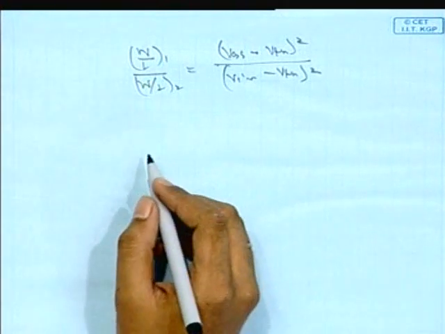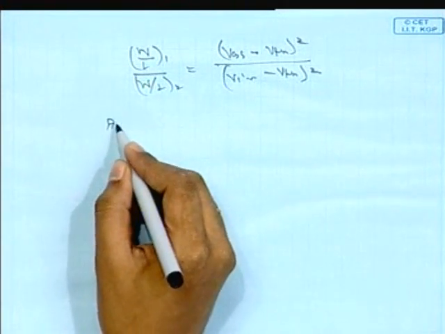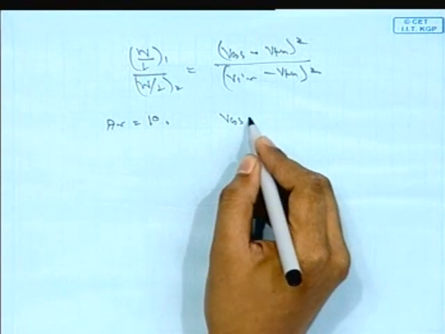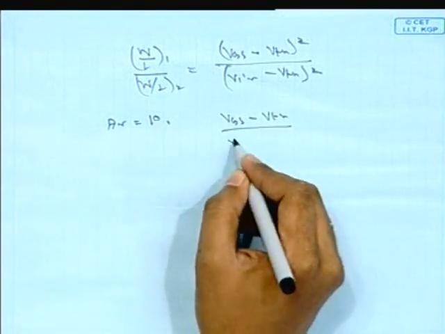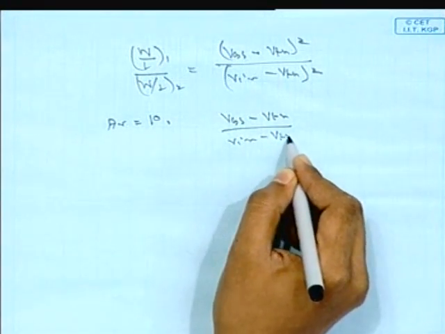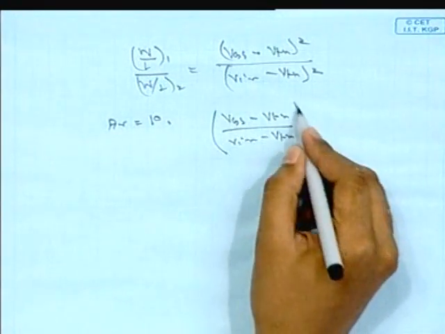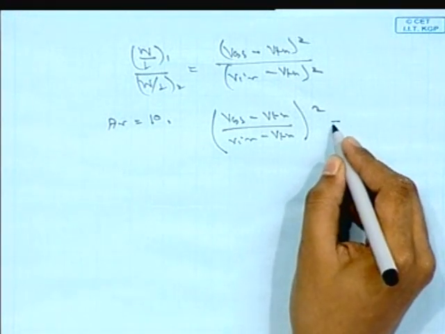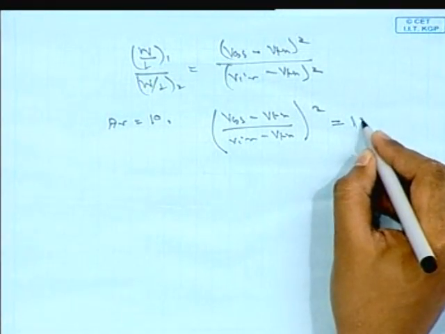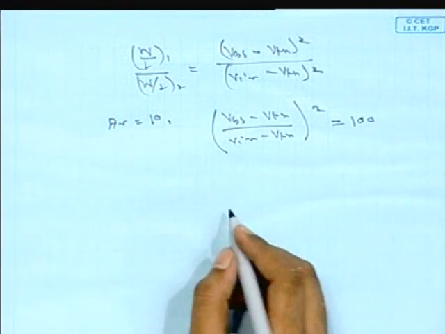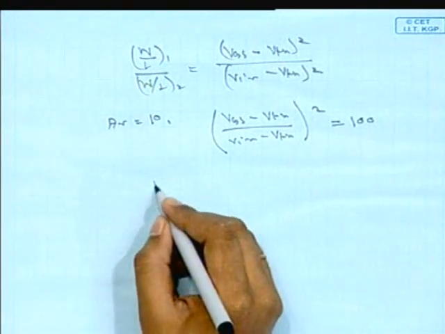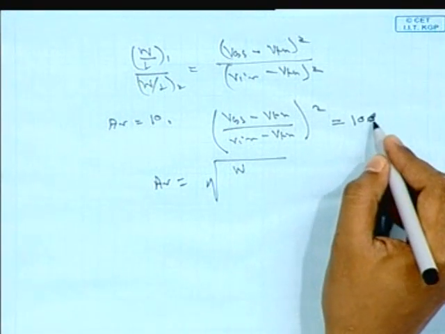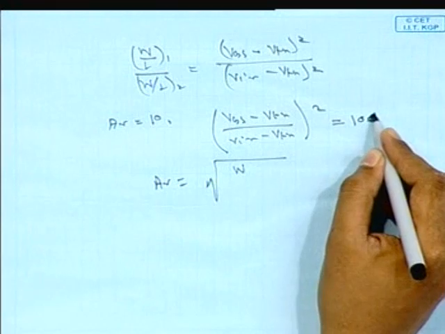Now if we want to get a gain Av equal to 10, what will be that VGS minus VTH by Vin minus VTH whole square? We can calculate. It is nothing but 100, because the gain is the root over of, sorry, 10.